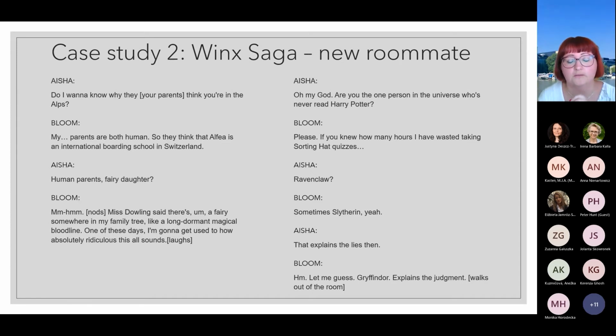But what you see here, especially in terms of grammar, is that this is a normal conversation, very elliptic in grammar. So there are no full sentences. When Aisha says Ravenclaw, she doesn't say, oh, let me guess, you were sorted into Ravenclaw. Just Ravenclaw. And we know what it means. So ellipsis is working because we don't need the full sentence to get the whole meaning.